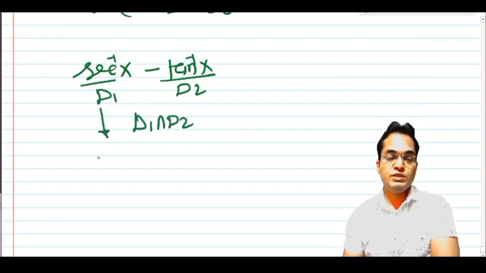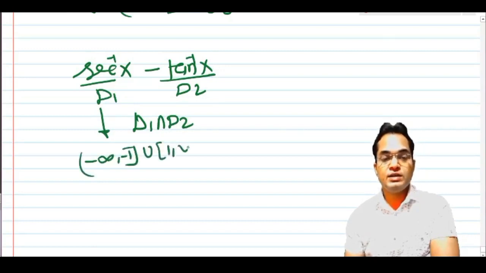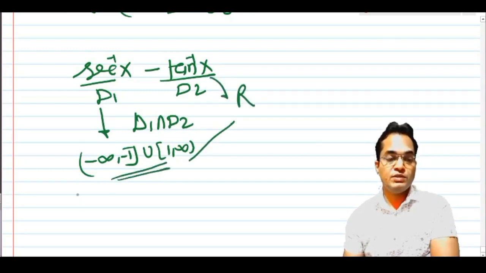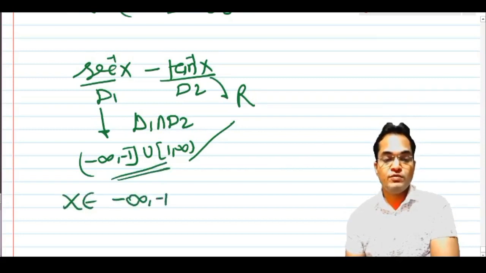The domain of sec inverse x is minus infinity to minus 1 union 1 to infinity, and the domain of tan inverse x is all real numbers. Then what is the intersection? The intersection is this value. Means the final answer, the domain of our question, is minus infinity to minus 1 union 1 to infinity.